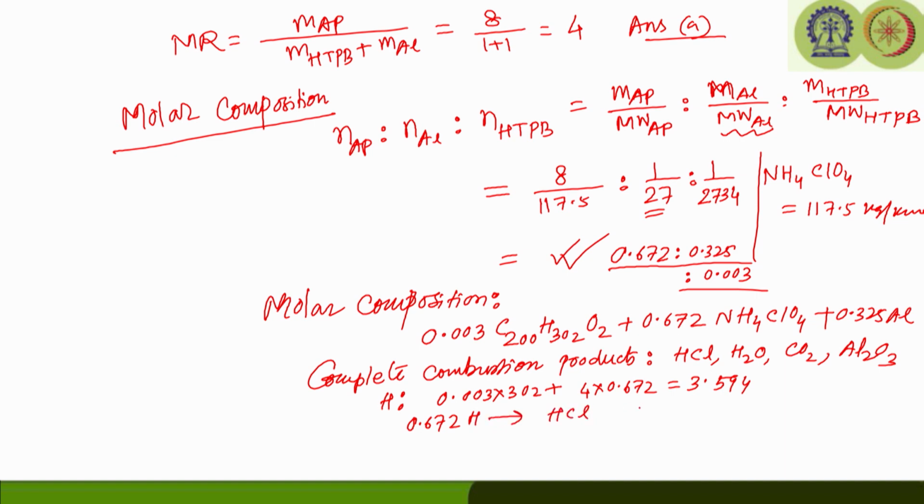The remaining hydrogen atoms is like 3.594 minus 0.672, that is going to take oxygen and will become water. So, like 2.922 hydrogen atoms will oxidize.